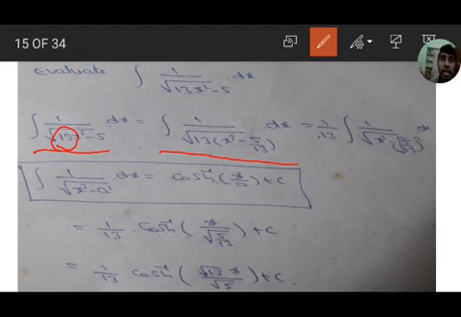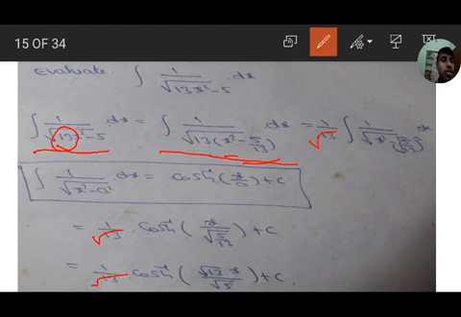We get integration 1 by square root of 13 common, so x square minus 5 by 13. This root 13 is outside. The root is missing, it is a printing mistake. Root 13 is outside.